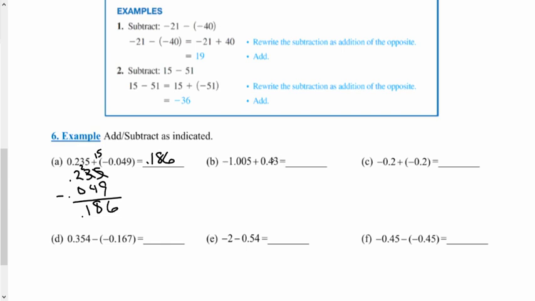This next one, notice that the number with the larger absolute value is negative. The 0.43 was positive, so I'm going to subtract these, and I'm going to put this one on top and subtract 0.43 from it. Then I know that my answer is going to end up being negative.